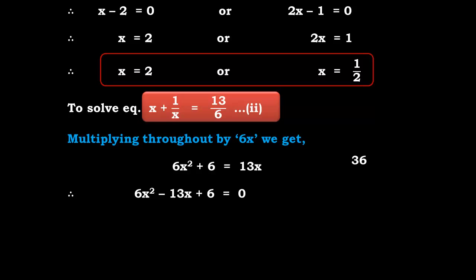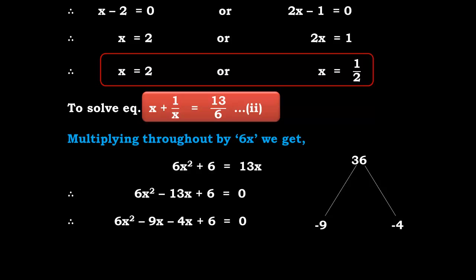Now we can factorize. 6 into 6 is 36, and the factors of 36 will be minus 9 and minus 4. So we can split the middle term: 6x square minus 9x minus 4x plus 6 is equal to 0.